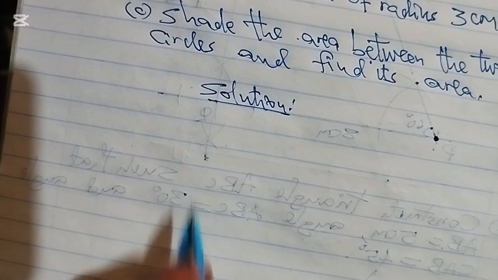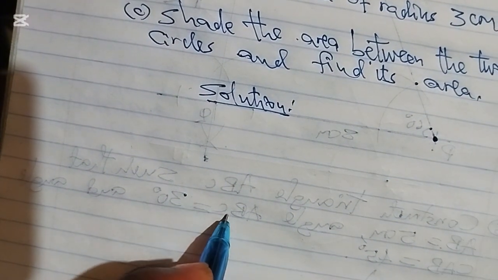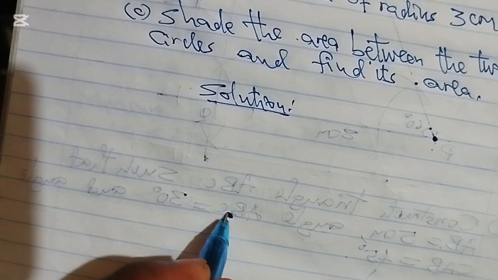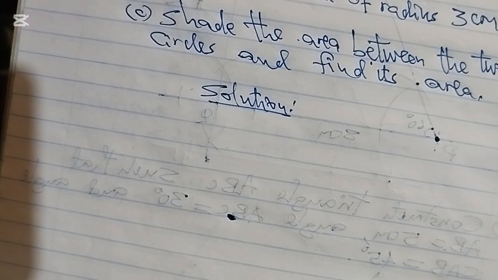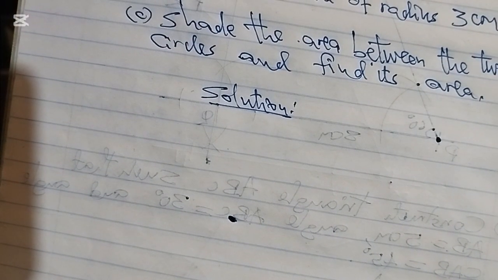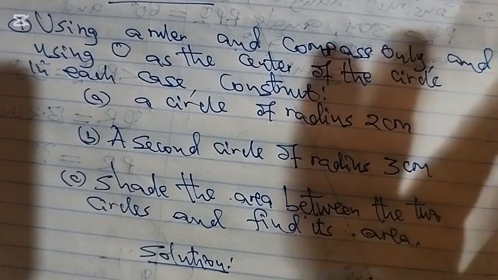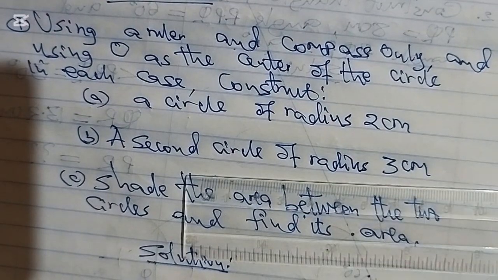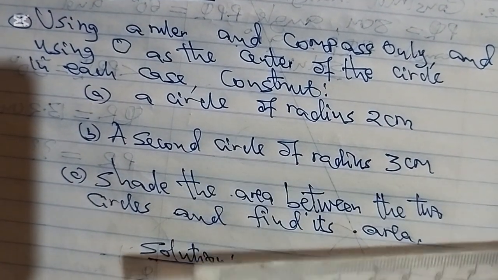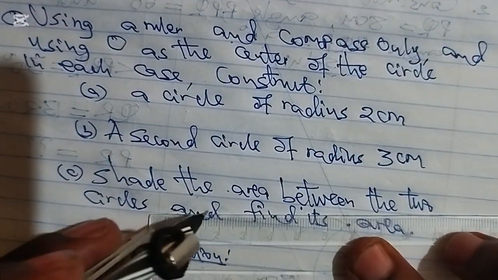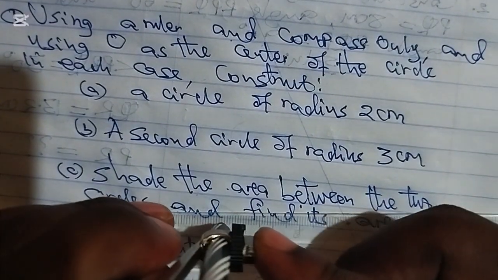I want this point here to be my point O. To construct a circle of radius 2 centimeters, I take my ruler and measure 2 centimeters.